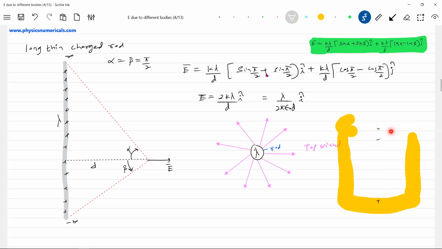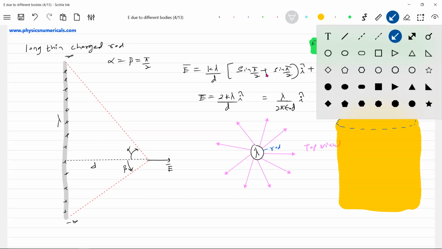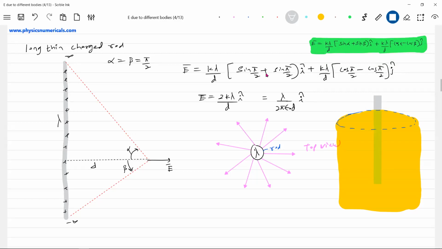Let me arrange a better one. This yellow color is not a rod. The rod is this one. This is the charged rod.